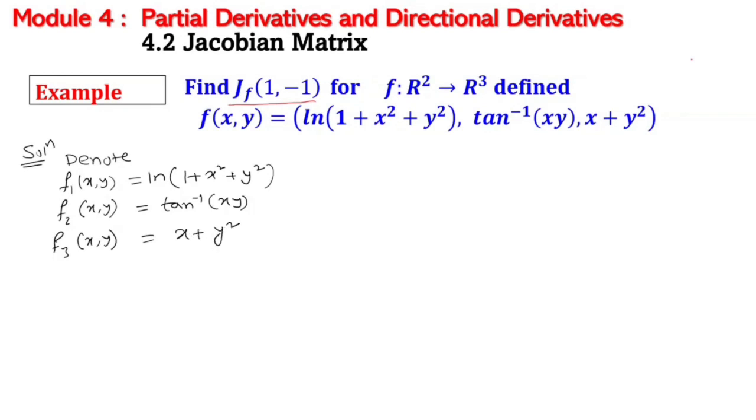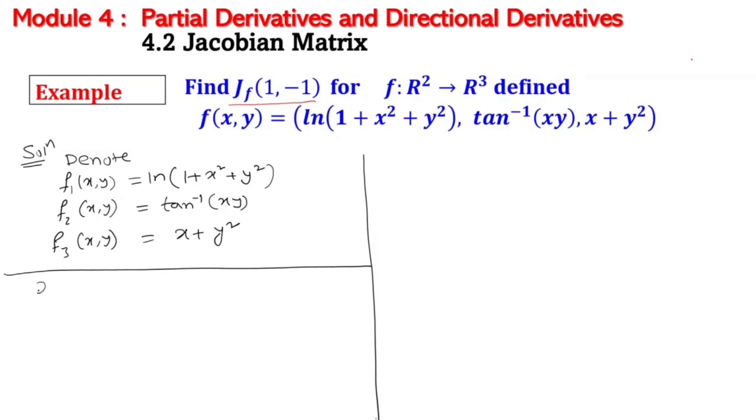Now we will calculate the partial derivative of each component at the point (1, -1), with respect to both x and y.